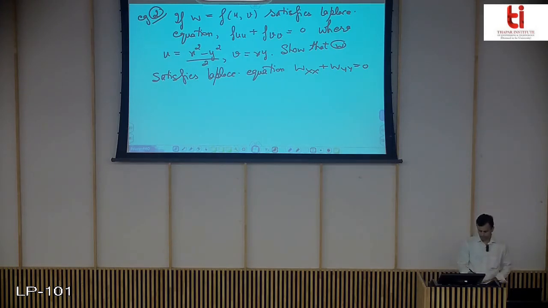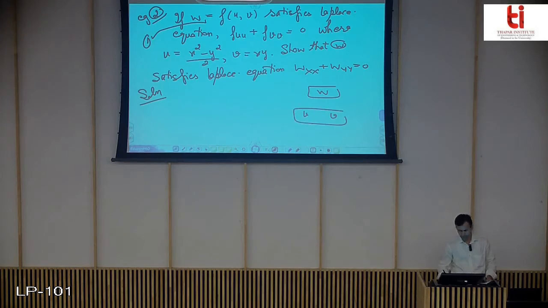So let me just write the scenario what has been given to you. So w is given to be the function of u and v. U and v are again the functions of x and y. So this is the given scenario for the question given here. w is dependent, u and v are intermediate variables, and x and y are independent variables.